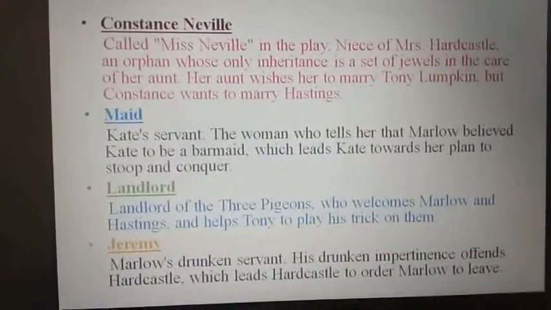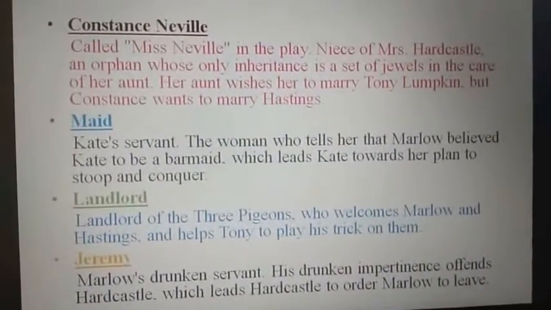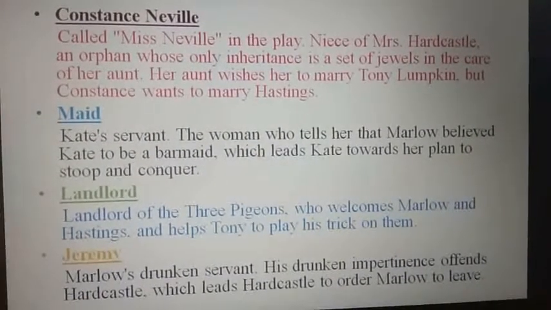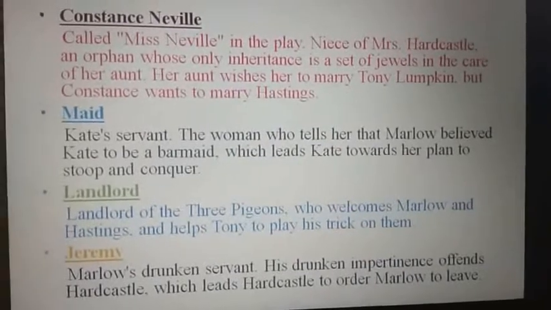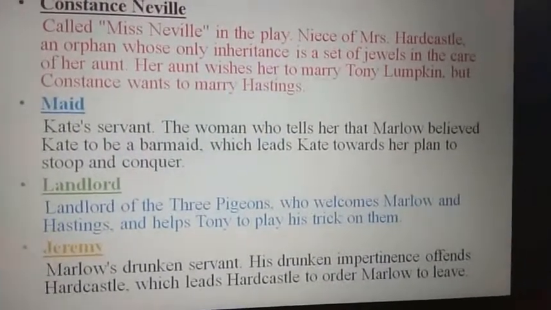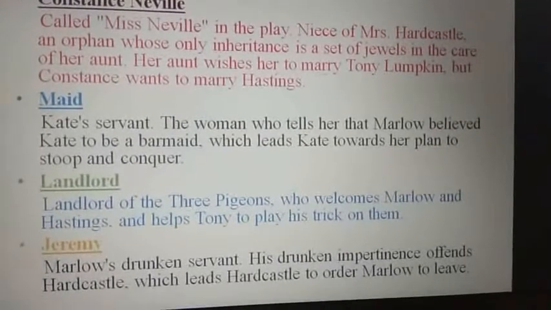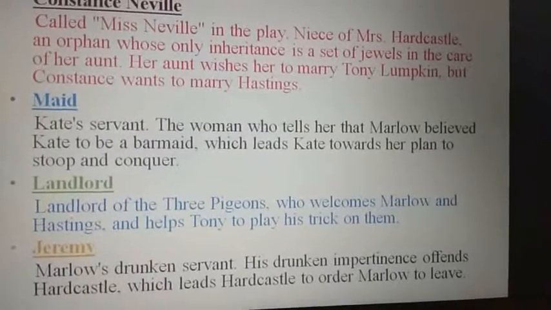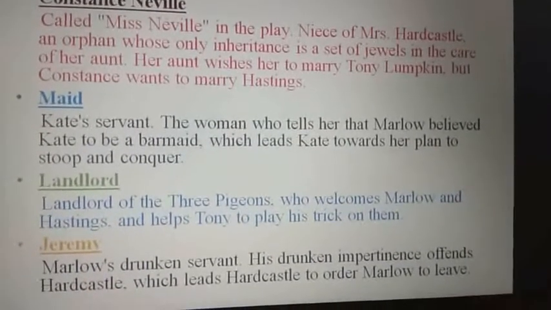Let me come to another character, Constance Neville. Constance Neville is called Miss Neville in this play. As I said, she is a niece of Mr. Hardcastle and she is an orphan whose only inheritance is a set of jewels in the care of her aunt.